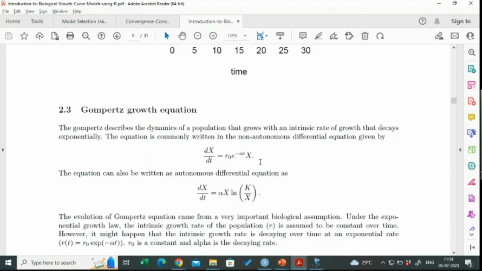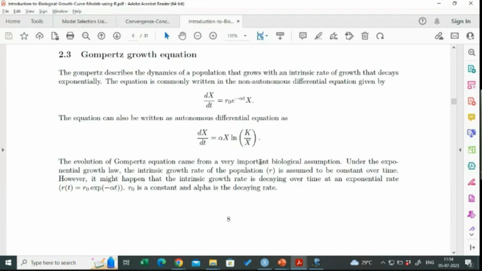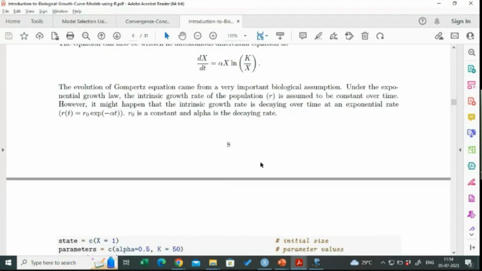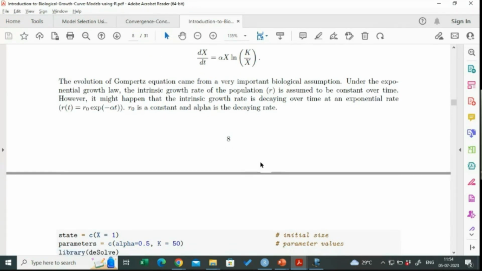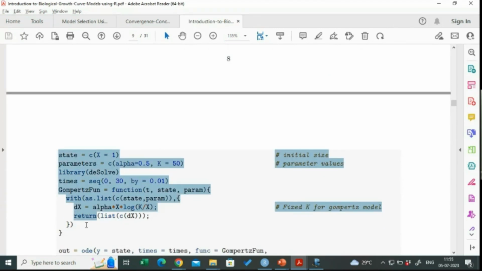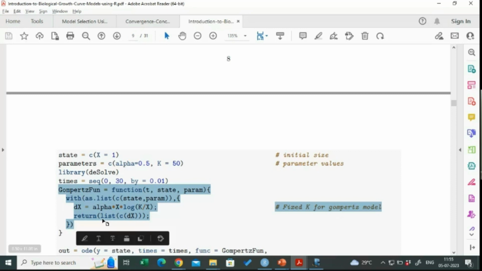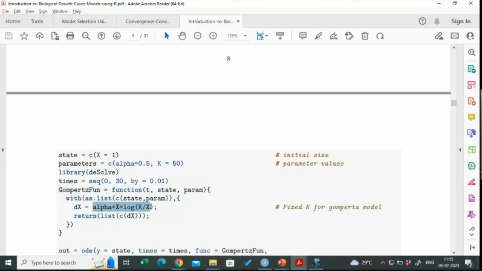So this is another equation. A little bit of description is given over here, so what we are learning is how we can solve differential equations using the software R. I think we understood it quite well: this is the general format of the code, where you have to write down the differential function which will take as input the dx, that is the increments, and you have to solve it accordingly.